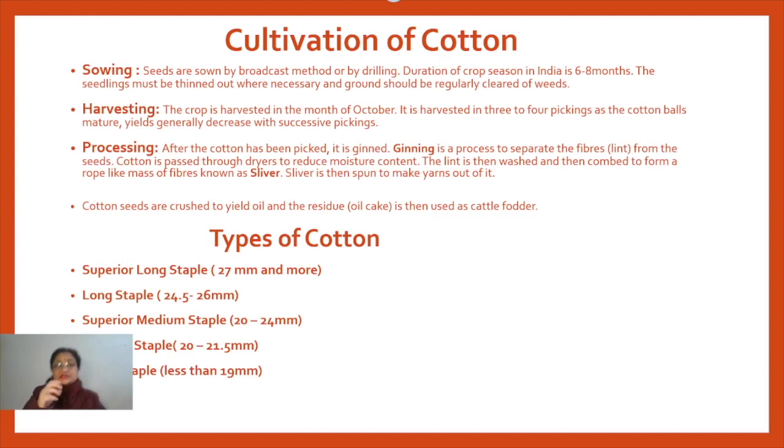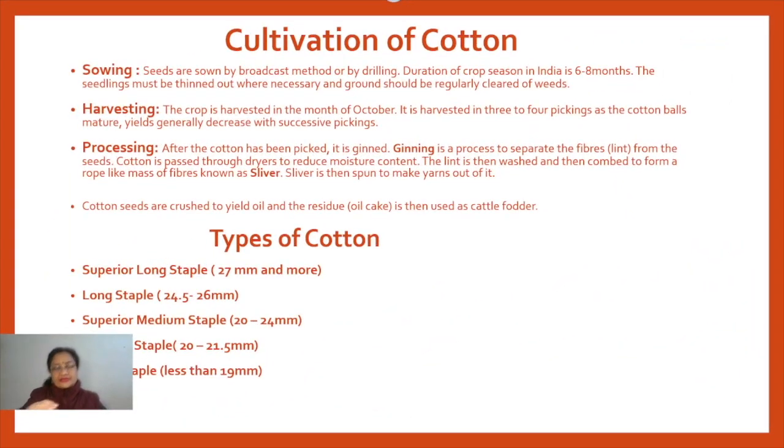So this is how we can categorize the different varieties of cotton grown within our country. And let me tell you one more thing: the cotton which has long staple is always considered the best one.